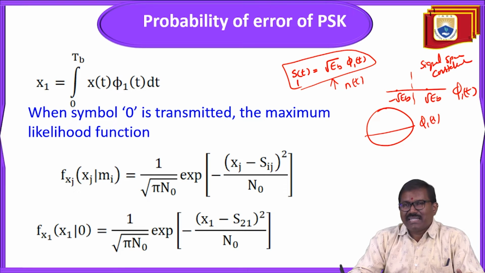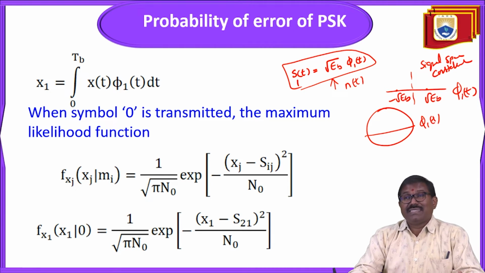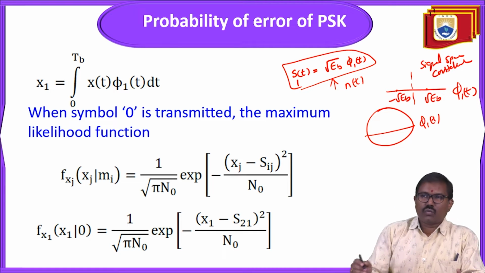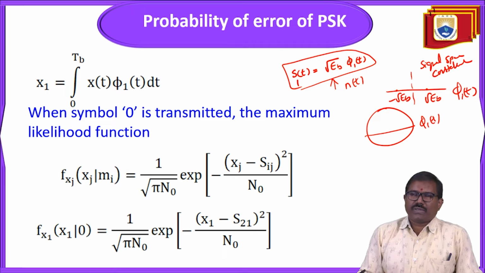J indicates the basis functions. How many basis functions are required for representation of the signal at the transmitter? Here I require only one basis function, that is phi1.